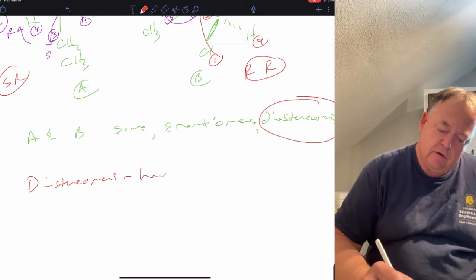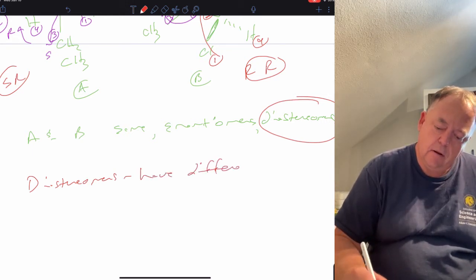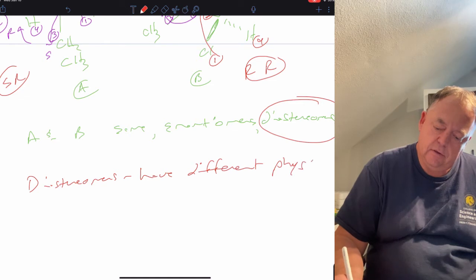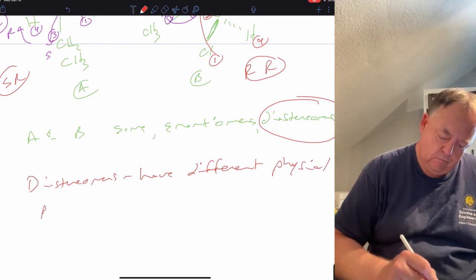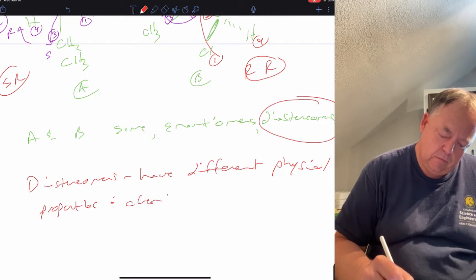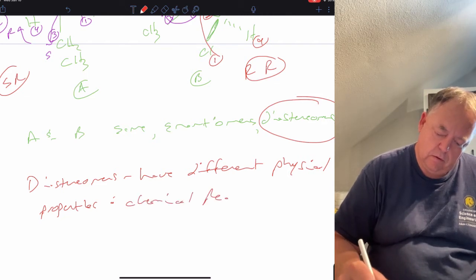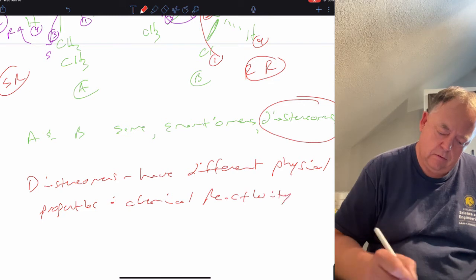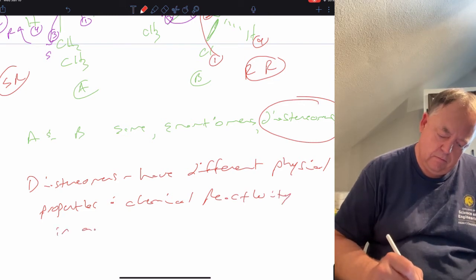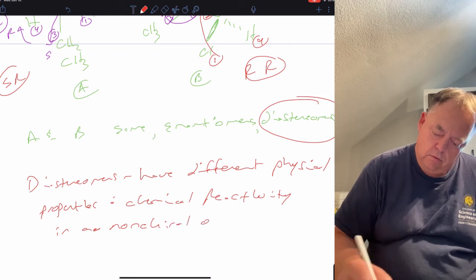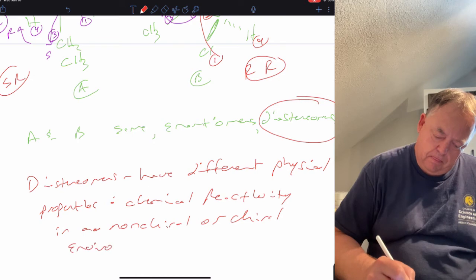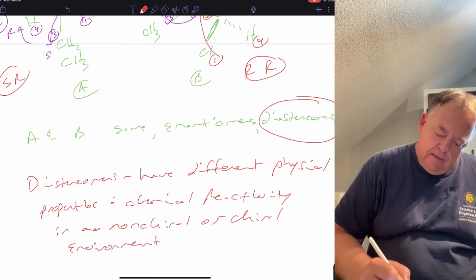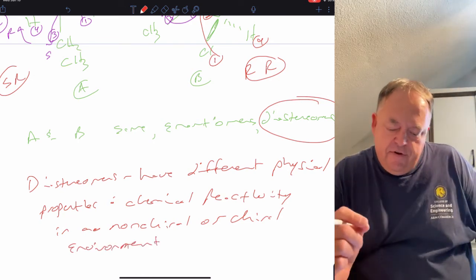diastereomers have different physical properties.